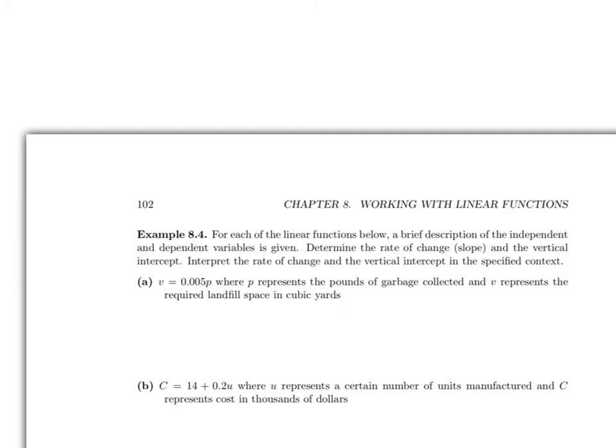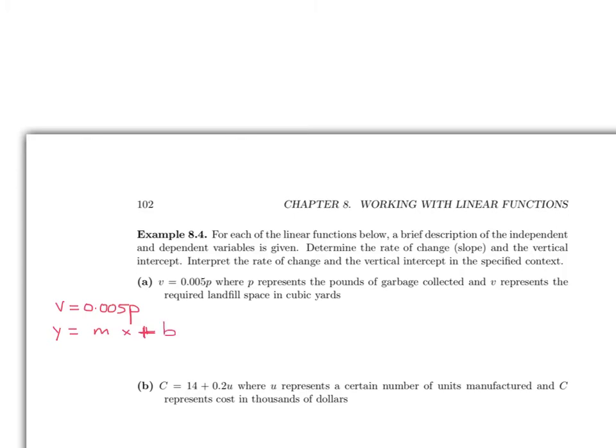So first of all, let's look at the equation that was given. V equals 0.005p, and let's compare that to the basic equation for a linear function, mx plus b.